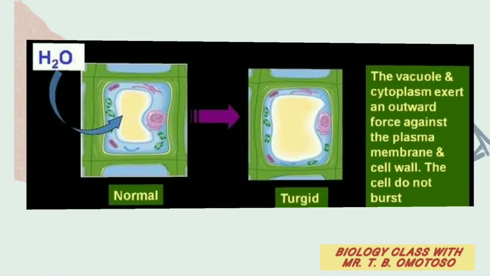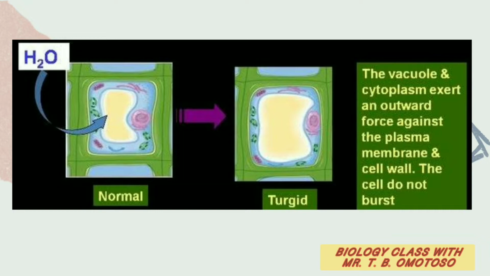Now looking at the picture we have here, a normal cell in an isotonic solution looks normal. But if the cell is now placed in a hypotonic solution, whereby there is the movement of water, the continuous absorption of water by the cell results in the cell being fully stretched.